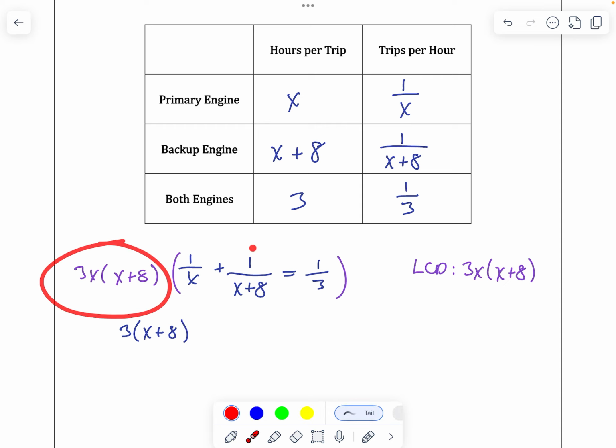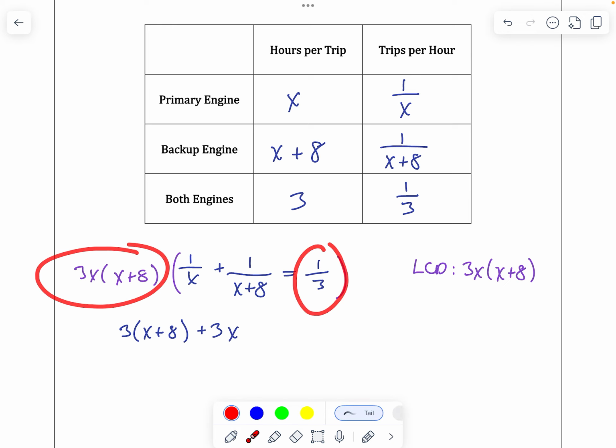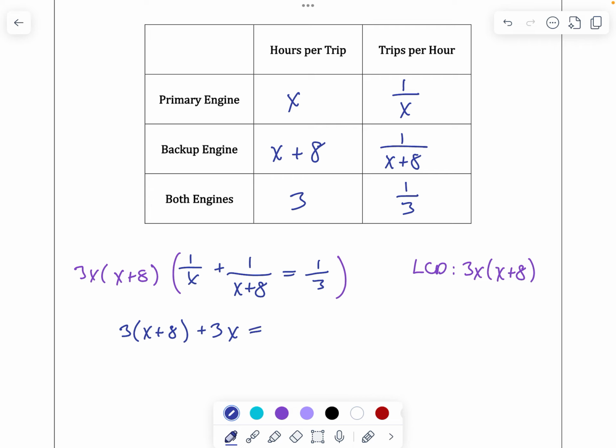When I multiply the LCD by the second fraction, the x plus 8's will cancel out, which just leaves behind 3x. When I multiply the LCD by the 1/3, the 3's will cancel out, which just leaves me with x times x plus 8. Distribute everything that you can.